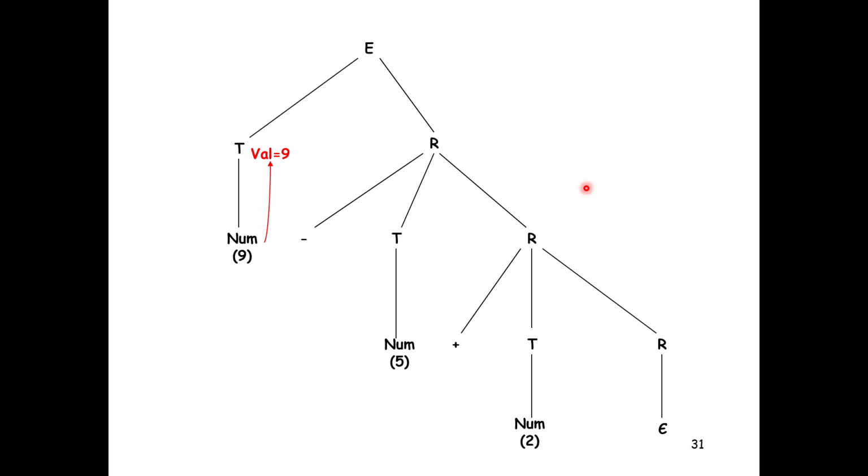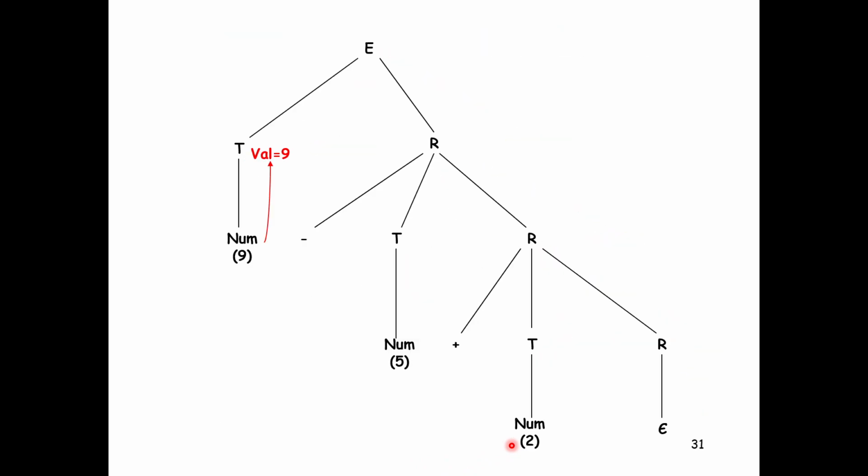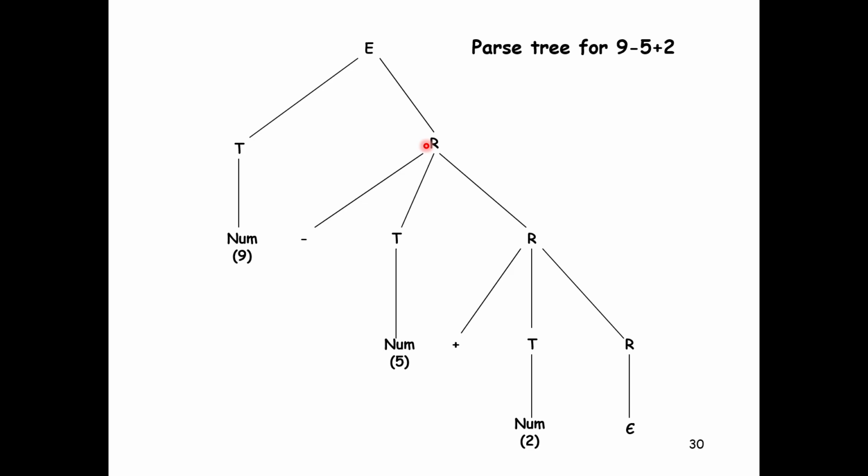Here T gives num, and the rule is T dot val equals num dot lexval. So val will be computed as 9. Then E gives TR.